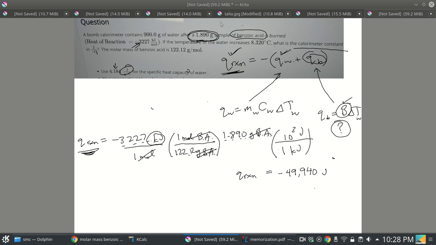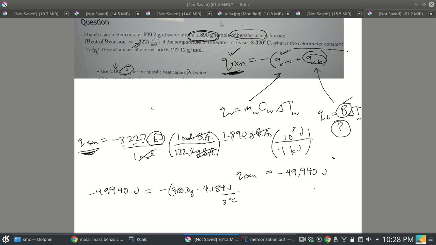All right, so now I can solve this equation. So this is negative 49,940 joules equals negative Q of the water. The mass of the water is 900 grams, times the C of the water, 4.184 joules per gram per degree Celsius.